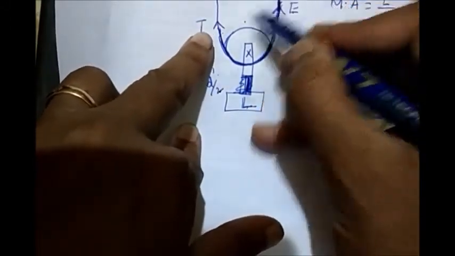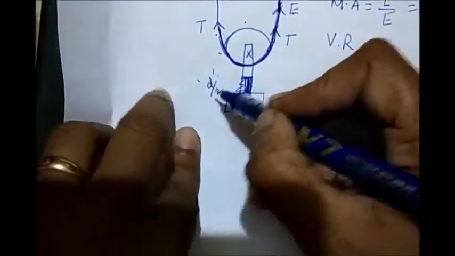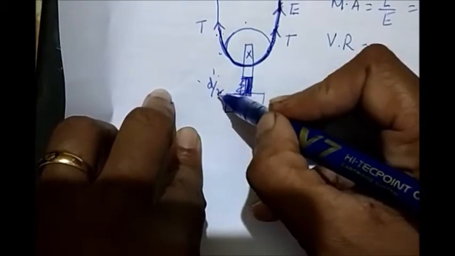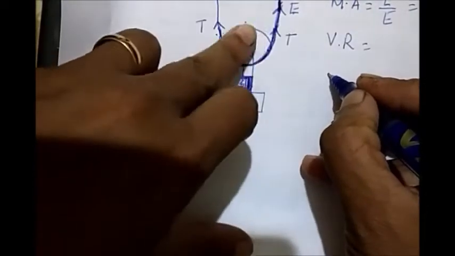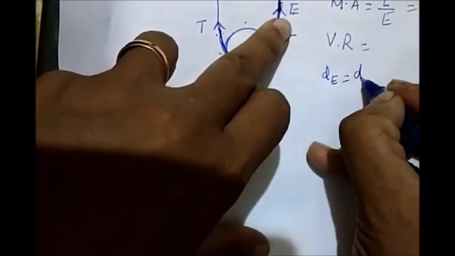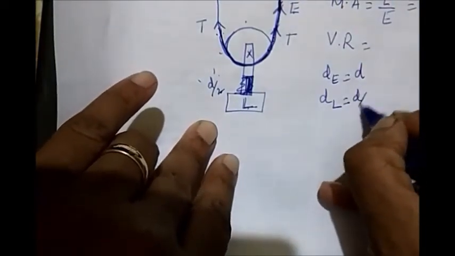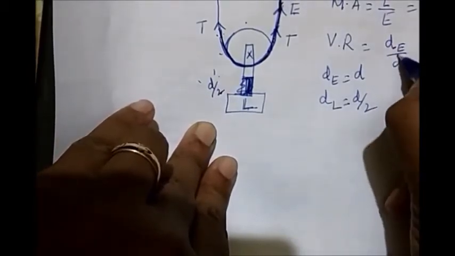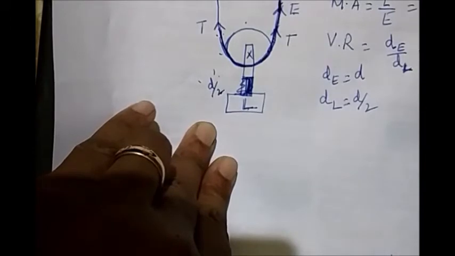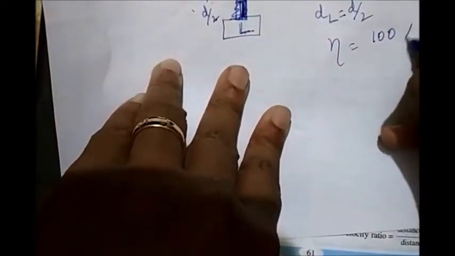So distance D is shared by these two, so this will rise by D by 2, this will rise by D by 2. So finally my load will also rise only by D by 2. So distance traveled by effort is D, whereas distance traveled by load will be D by 2. So velocity ratio will be dE by dL, that is D by D by 2, it will be 2. So velocity ratio is also 2. Efficiency will be again 100%.